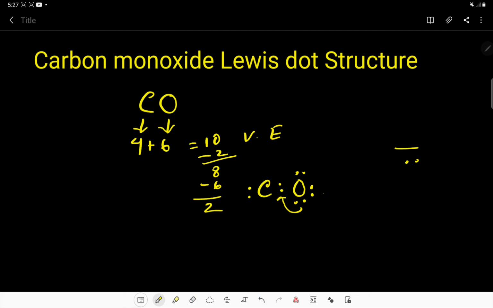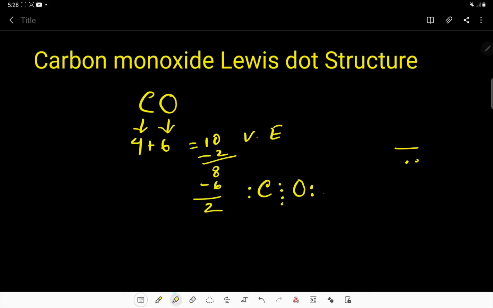So let us take that. Okay, 2. Then now carbon has 2, 4, 6. Okay, so we need 2 more valence electrons. So I will use these 2 electrons to make one more bond here.